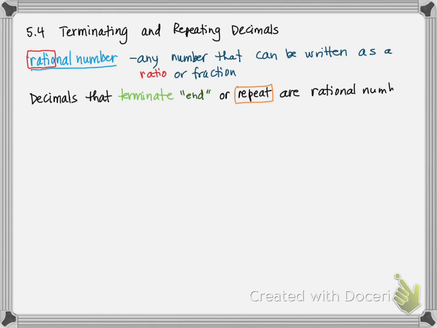So they're going to be part of the rational numbers. So fractions are, decimals are, terminating and repeating decimals are rational numbers. Fractions, mixed numbers, whole numbers, positives, negatives, they're all rational numbers. Next year in 7th grade, you're going to learn how to change a repeating decimal into a fraction.